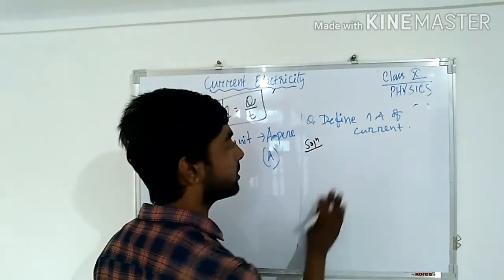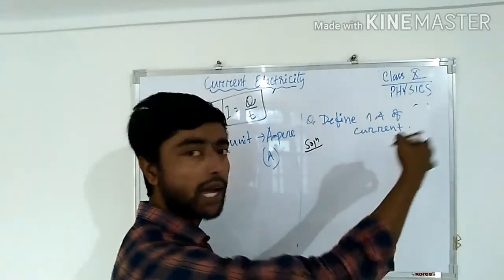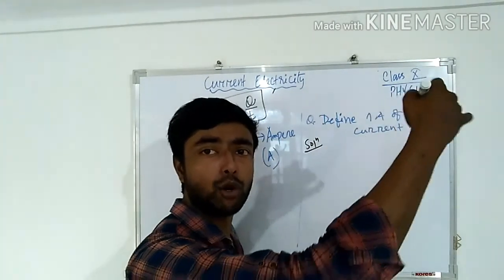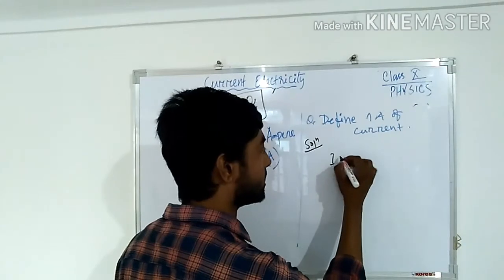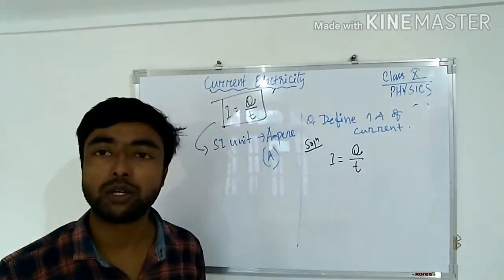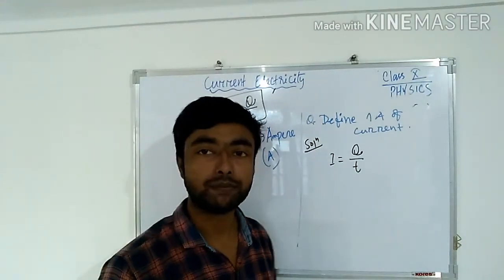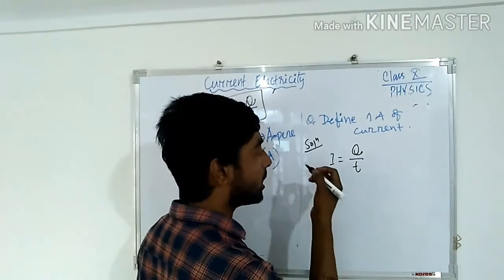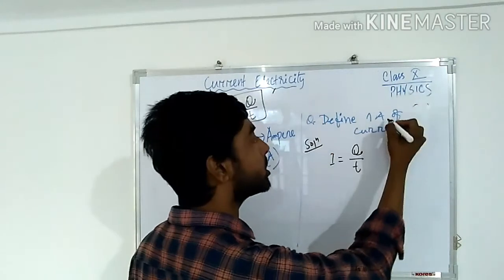We know that electric current is the rate of flow of charge, therefore I is equal to Q divided by T. How will we get 1 ampere?